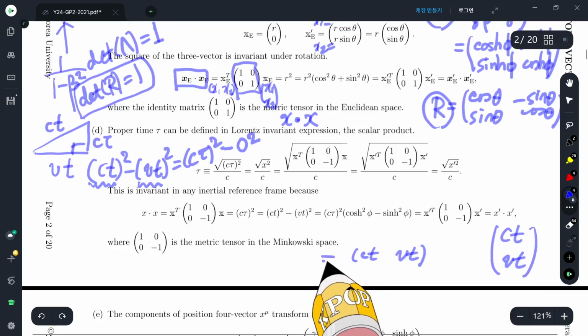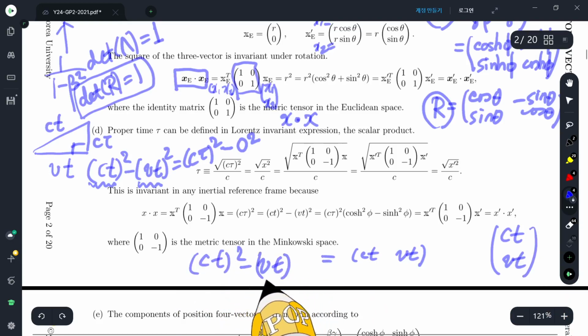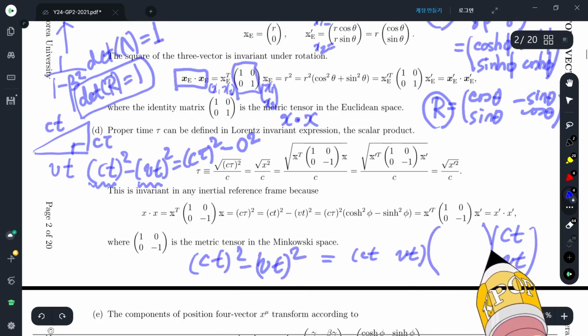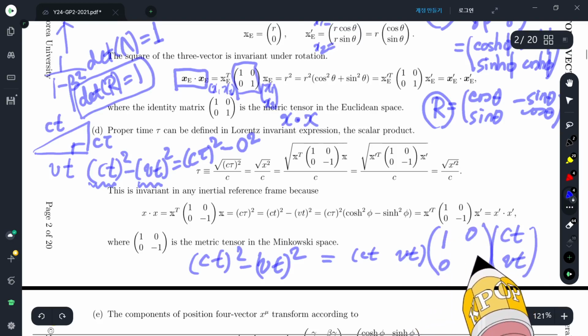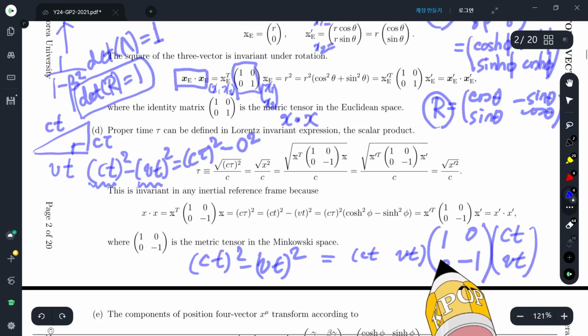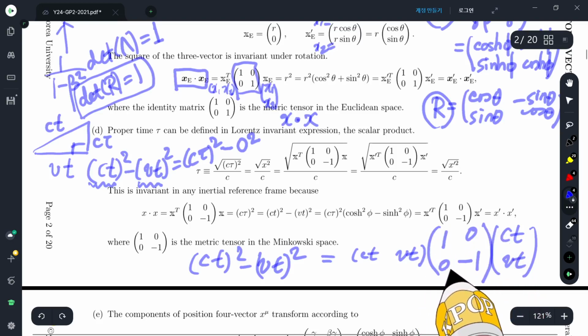If I want to get a result, Ct squared minus Vt squared, what I need to insert in between is identical to the Kronecker delta, except that I need to put a negative sign on the 1 1 element. That's the 0 0 element, 0 1 element, 1 0 element, and 1 1 element.